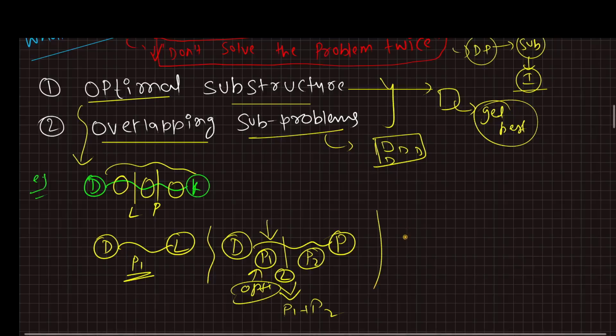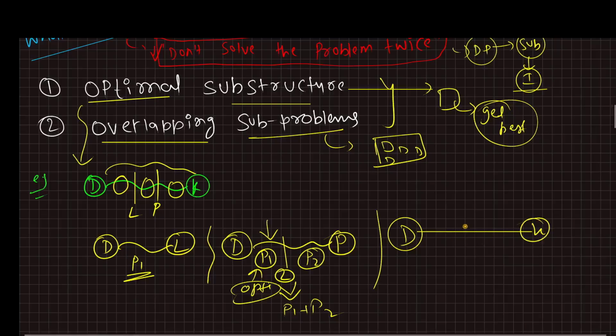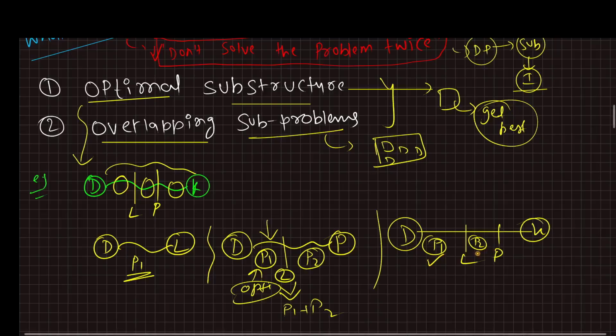And now we have to find from D to K. We have L and P. We know from D to L we have P1 and from L to P we have P2. Now we need to just calculate from P to K, because from D to L we already have P1, from L to P we already have P2, and these two are optimal, and there can't be any better path than these two.